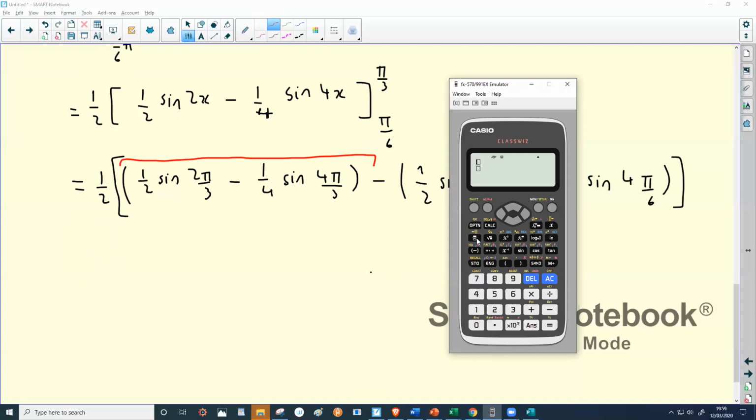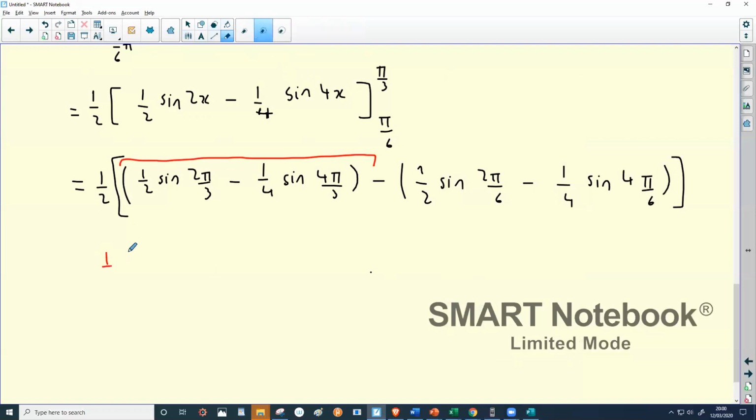So we get 1 over 2 times sine, and because it was 2x, I'm going to type in 2 alpha A, minus 1 over 4 times sine 4 alpha A. So when I work that out, I get 3 root 3 over 8.